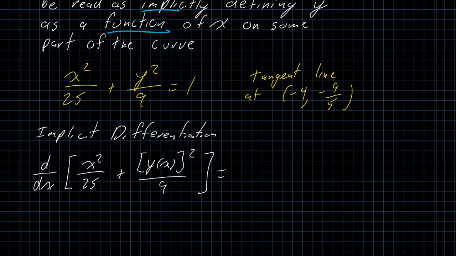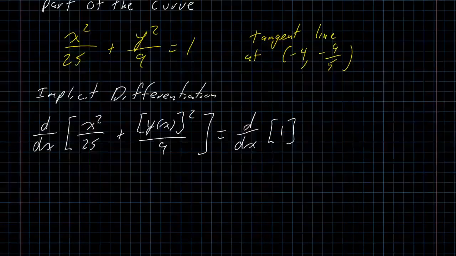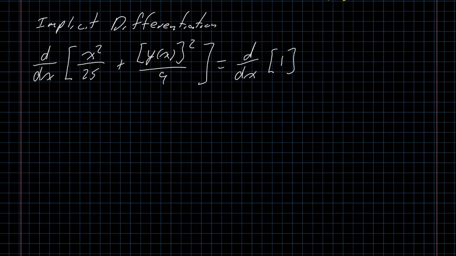And I claim that because the left-hand side and the right-hand side of the equation itself are the same thing, if I take the derivative of the left-hand side or the right-hand side, it should still be the same thing. Taking the derivative of the right-hand side is really straightforward. The derivative of a constant is always 0.